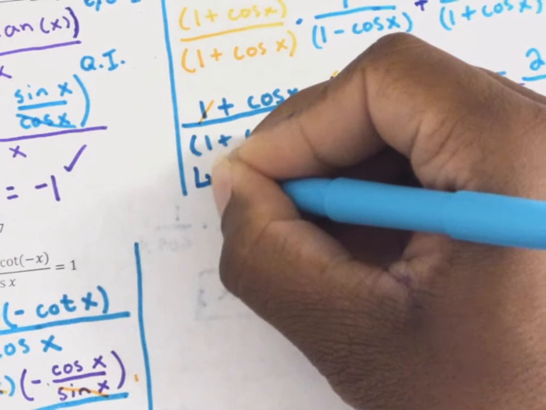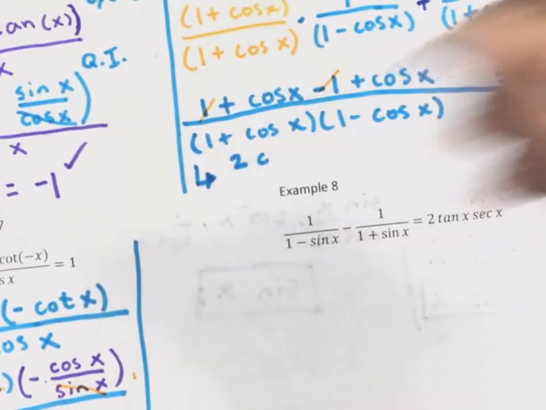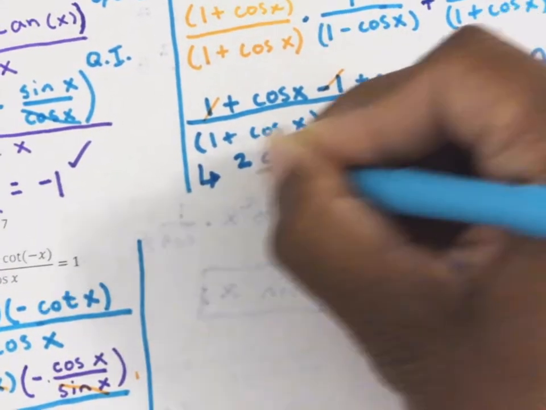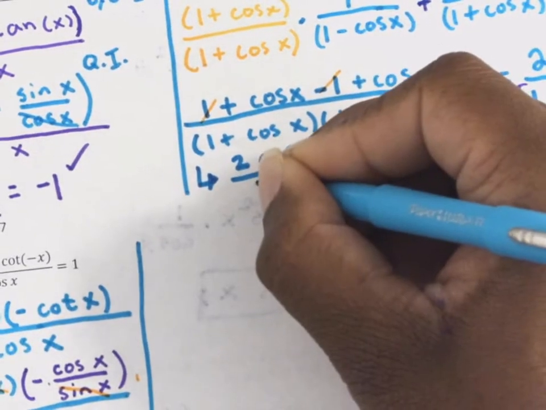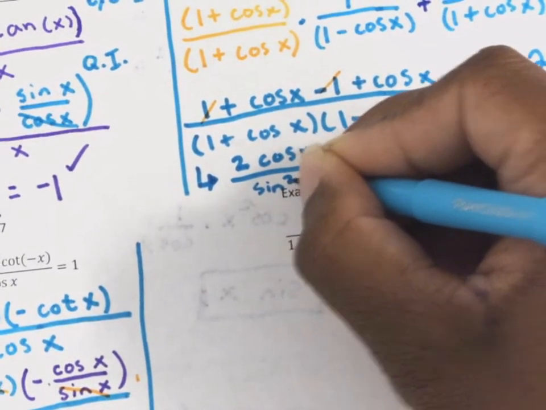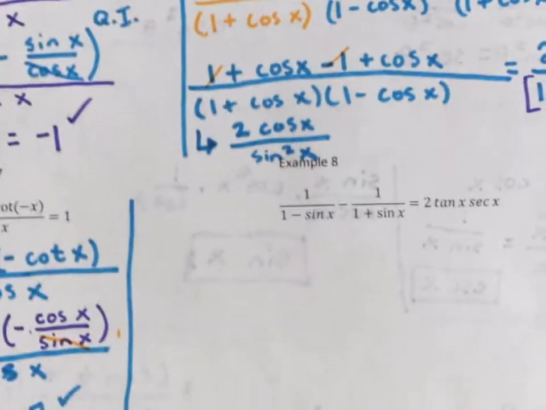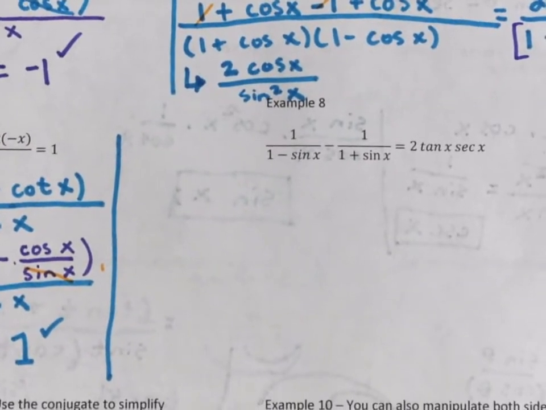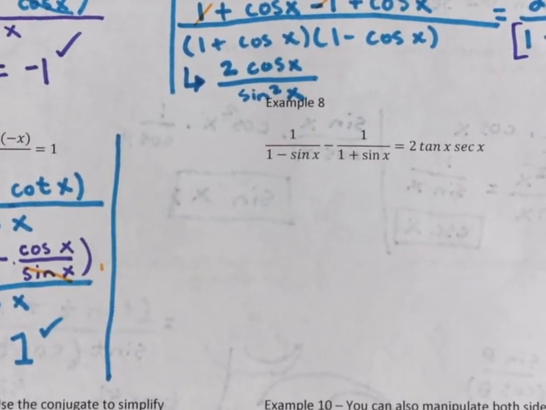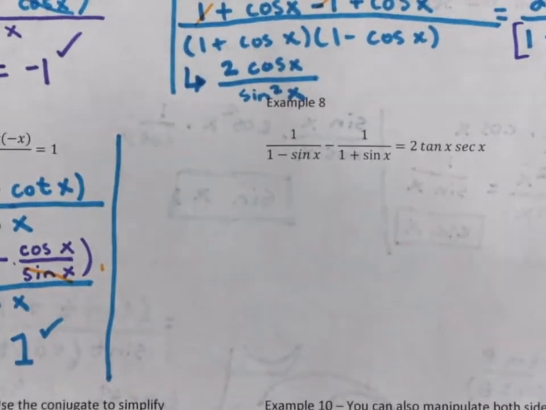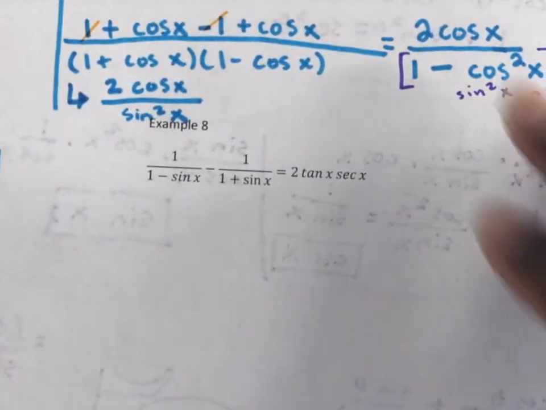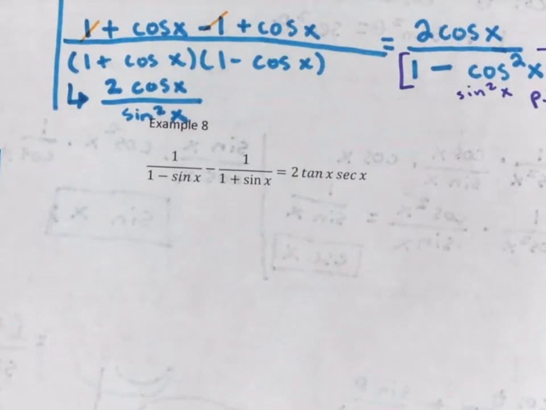All right, so let's come down and write what we got. We're getting closer. So we got 2 cosine x over sine squared x. At this point, I'm tight on space, so I'm going to write on the board. If I had x squared, I could separate it as just x times x.